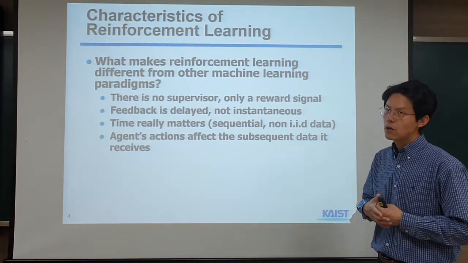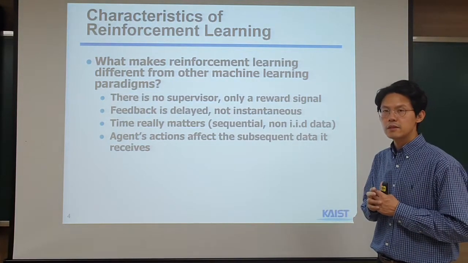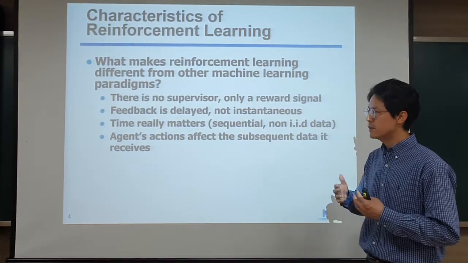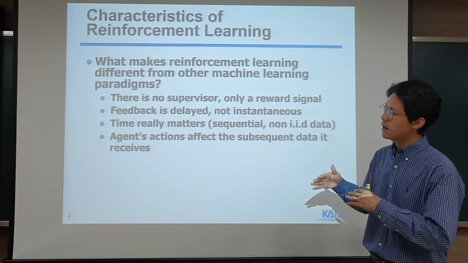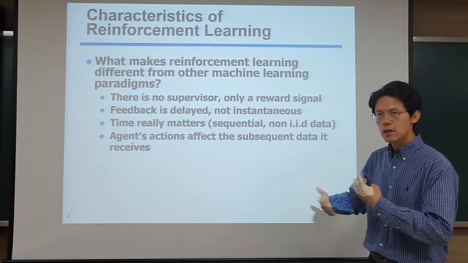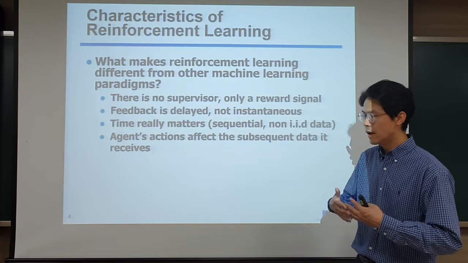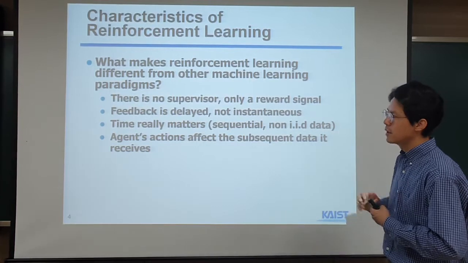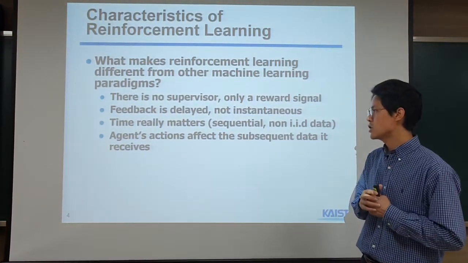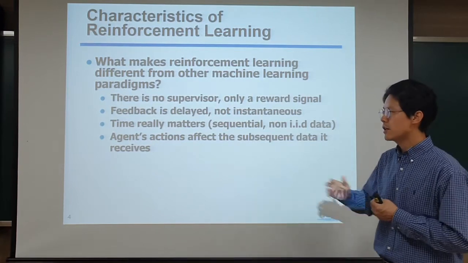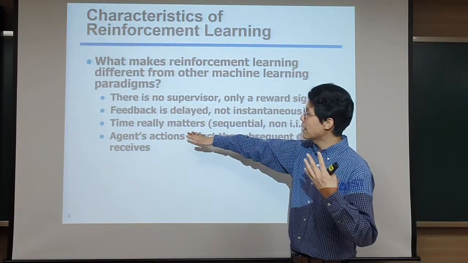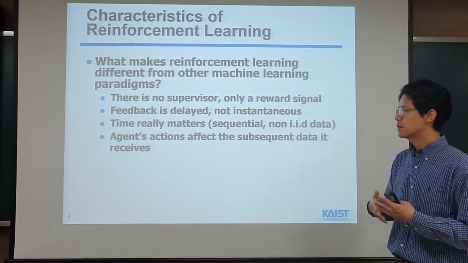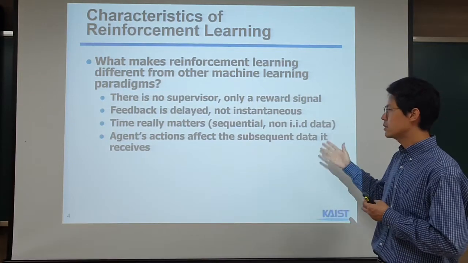But as you may know, in a lot of machine learning, there are a lot of statistical concepts. We assume the IID concept. But as you can see in the RL case, the actions and rewards correlate with each other. There is a series of actions and rewards, so we cannot have the IID assumption. This makes for a lot of technical challenges. In RL, the agent takes some action, and due to the actions taken, it affects the subsequent data we can receive.